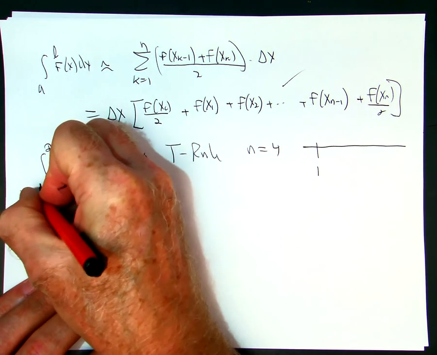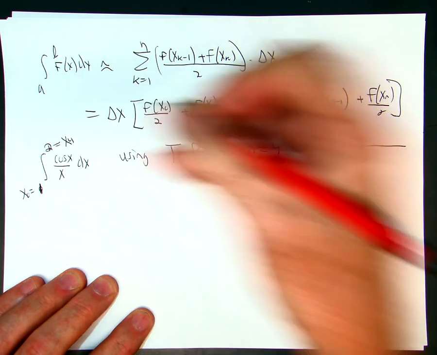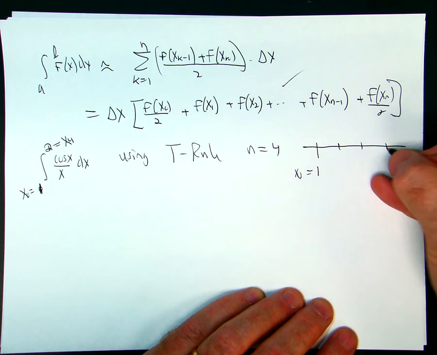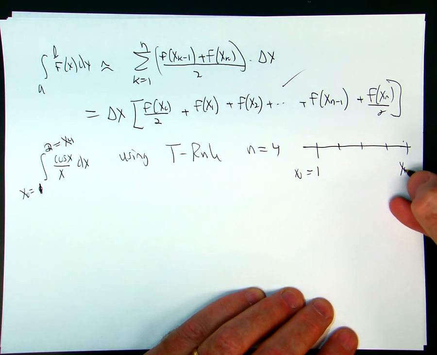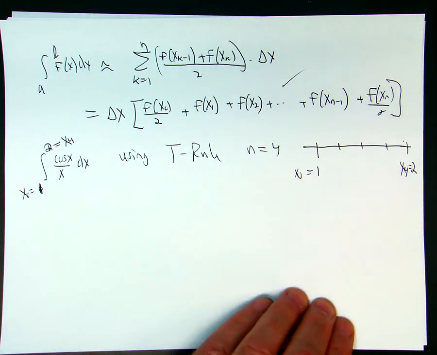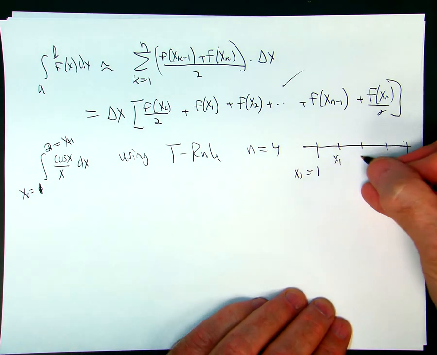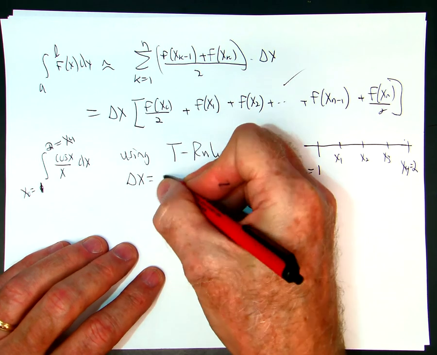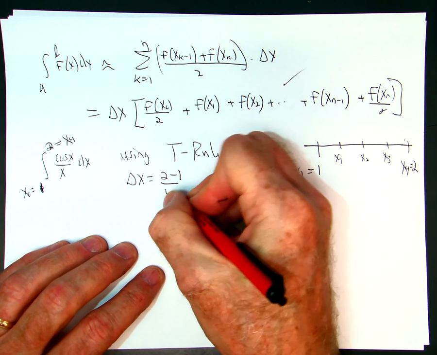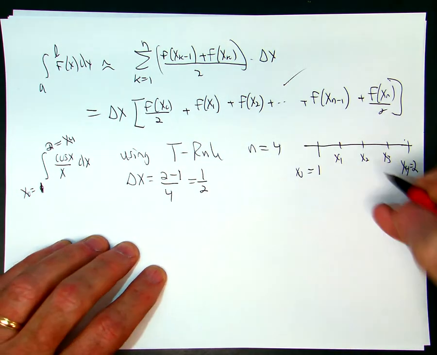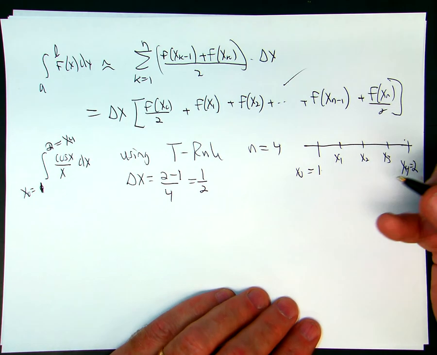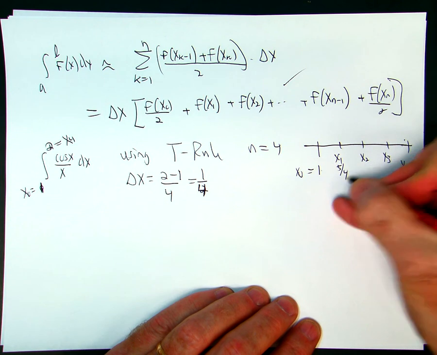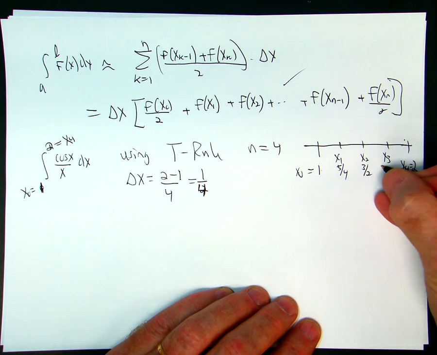That's x0, that's x4. 1 is x0. x4 is 2. Okay, so this will be x1, x2, x3. Delta x, uniform, b minus a over 4. So this will be 1 plus 1 half. Sorry, that's 1/4. This will be 5/4, 6/4, 3/2, 7/4.